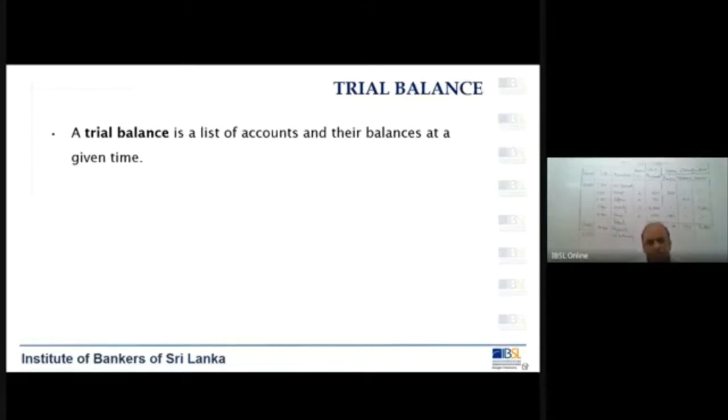So the bank's business hours are normally from 9 to 3 or maybe 4. Now, some banks are operating even beyond that, maybe till 6 or maybe till 8 or 9. So obviously, your business transactions are happening within this time frame.